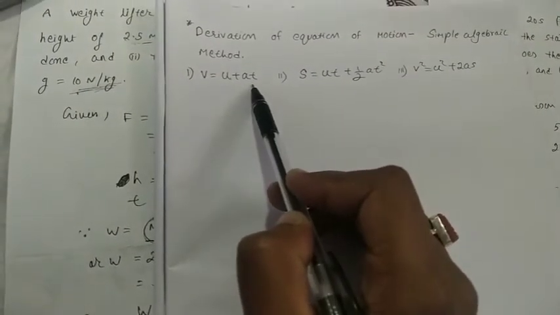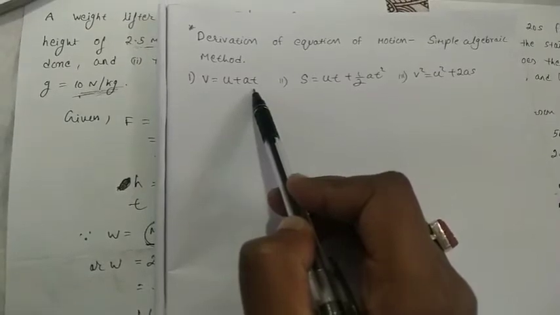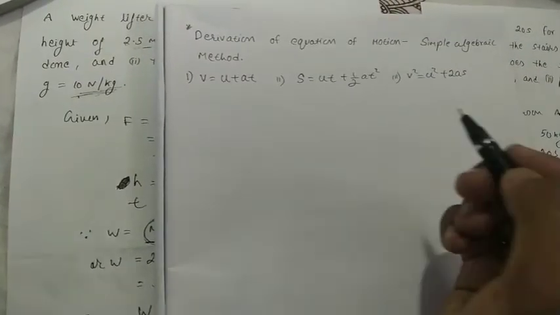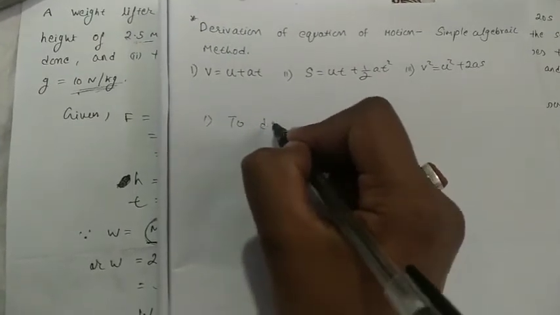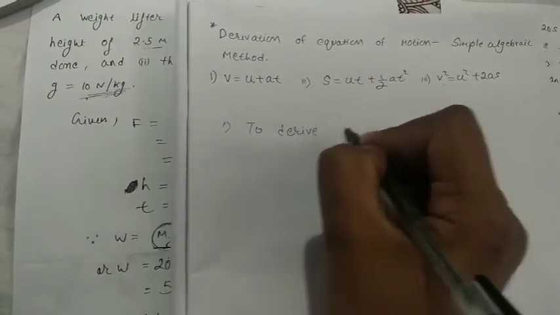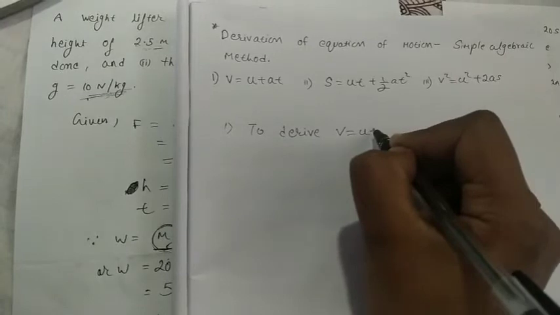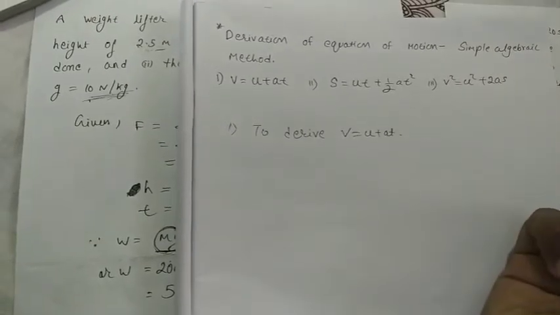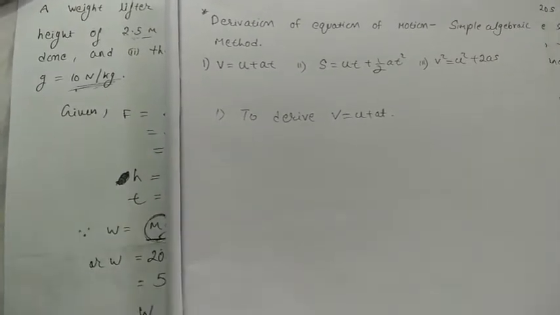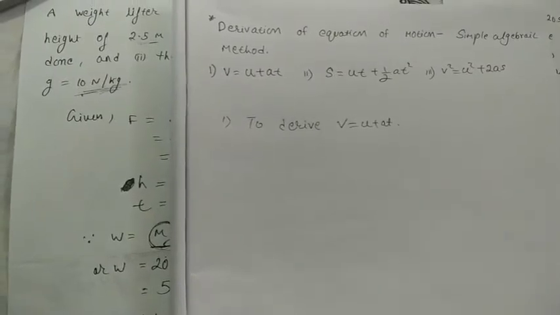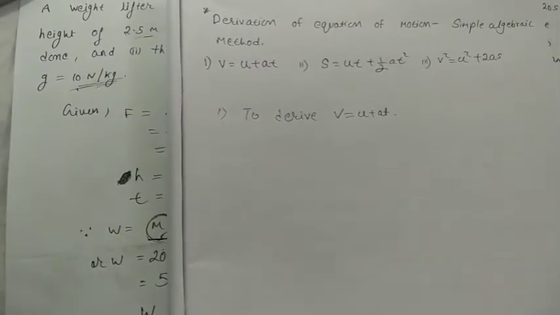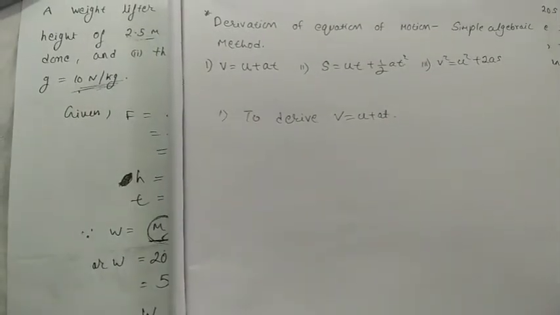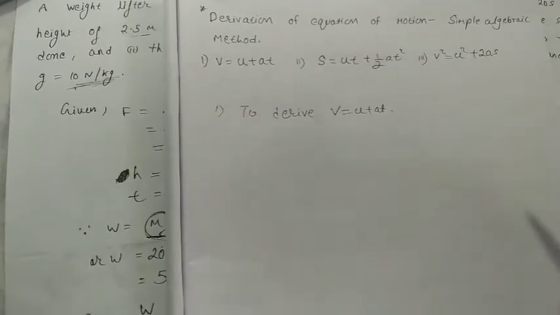How to derive v equals u plus at? First of all, to start with, let us go with acceleration. As we all know, acceleration equals rate of change of velocity, or change in velocity by time.